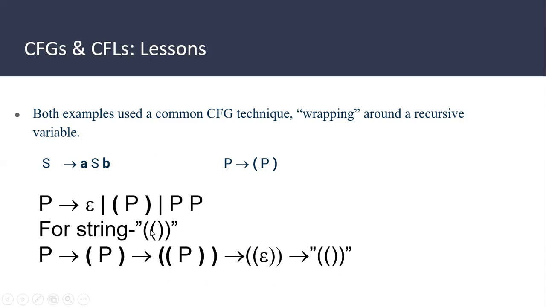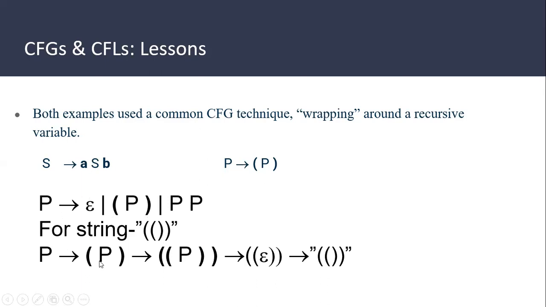But suppose a string is of this type, two left parentheses followed by two right parentheses. So the production we develop is P produces epsilon. Why? Because if I put an epsilon here, I get balanced parentheses.